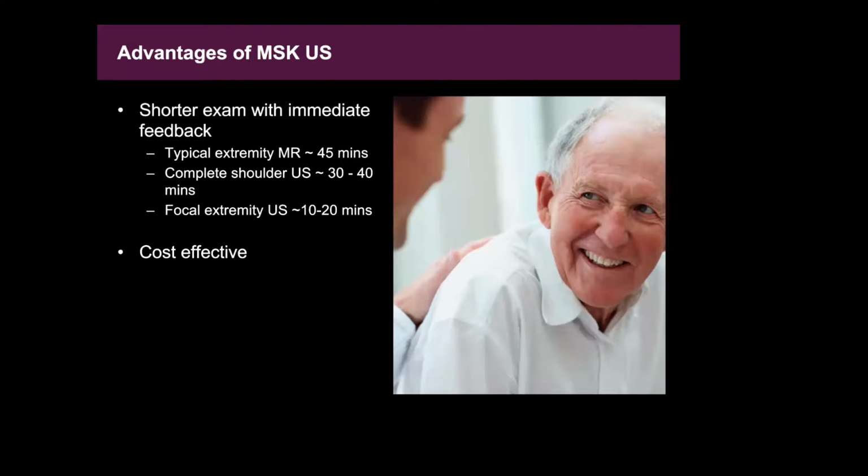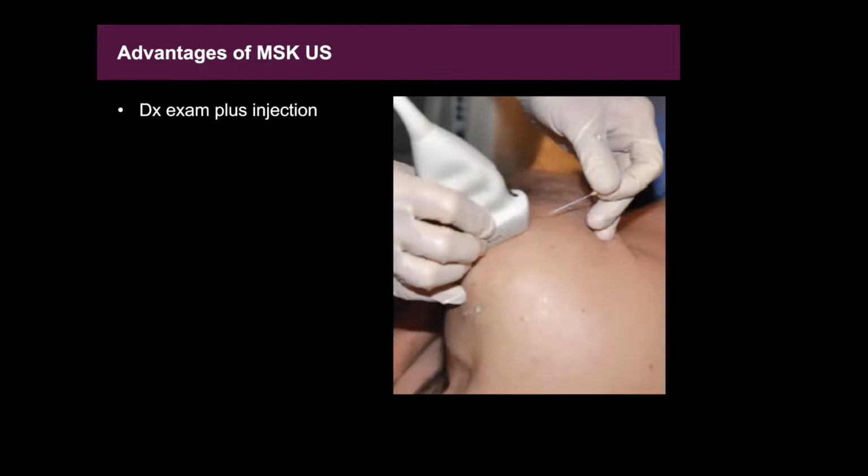But say a patient has a focal extremity complaint like medial elbow pain or posterior ankle pain, and you're wondering about an Achilles tendon tear. Then you could just put the probe on the patient, and that exam could be as short as 5 minutes, right? You put the probe on the patient, you make the diagnosis, you move on. And it's considered to be more cost effective.